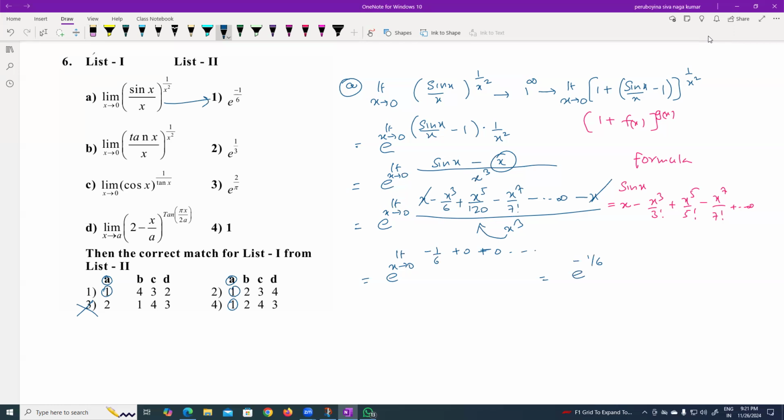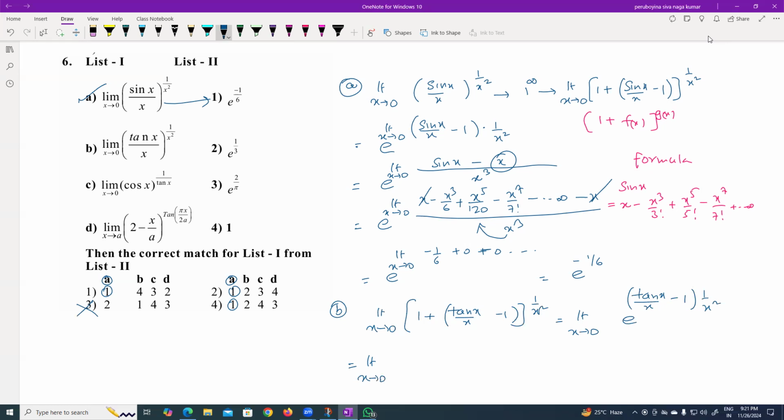You can see the next problem is also the same type, right? So directly moving to the method: limit x tends to 0 of (1 plus tan x by x minus 1) whole power 1 by x square. This is equal to limit x tends to 0 of e power (tan x by x minus 1) multiplied by 1 by x square.